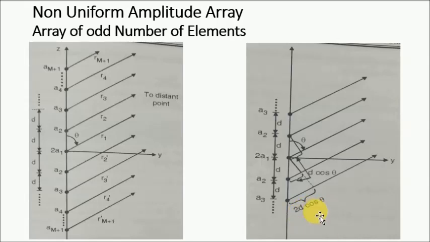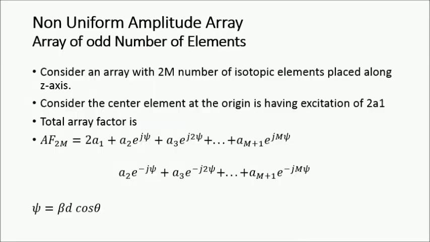So here, if the array elements are odd in number, then what we have is the progression, and I am going to put here the progression at the origin. There will be no phase shift, and we have twice a1 as the amplitude of the current. In the next case it is psi, a multiple of 1. In the next case it is 2, so it will be a multiple of m.